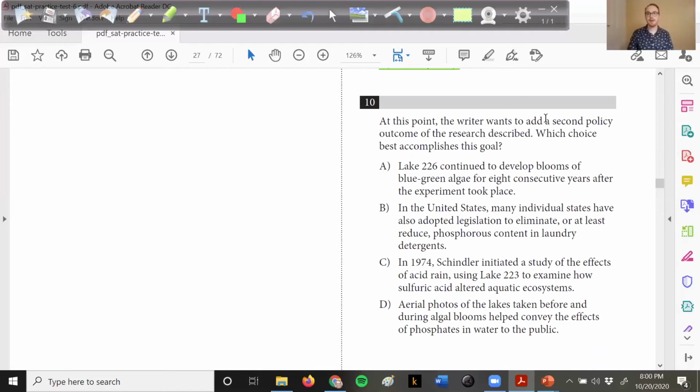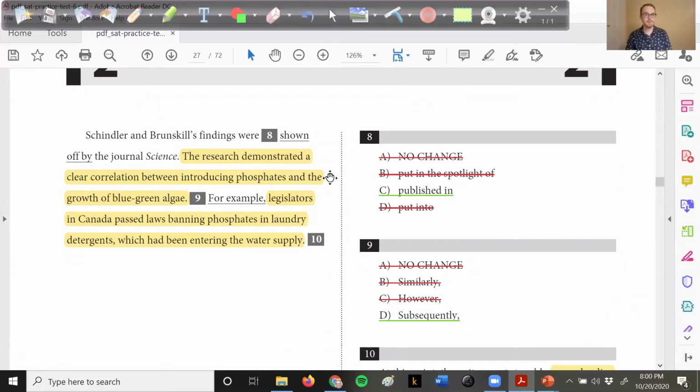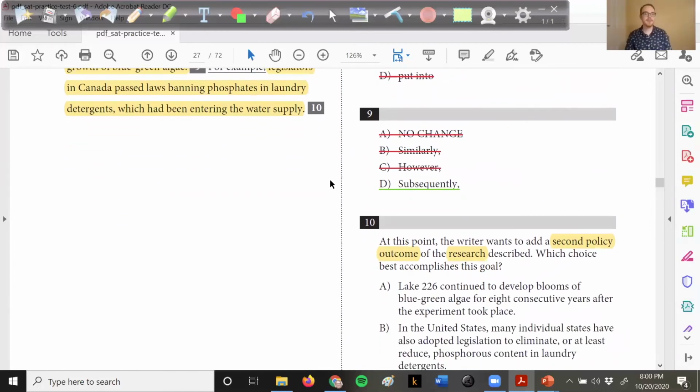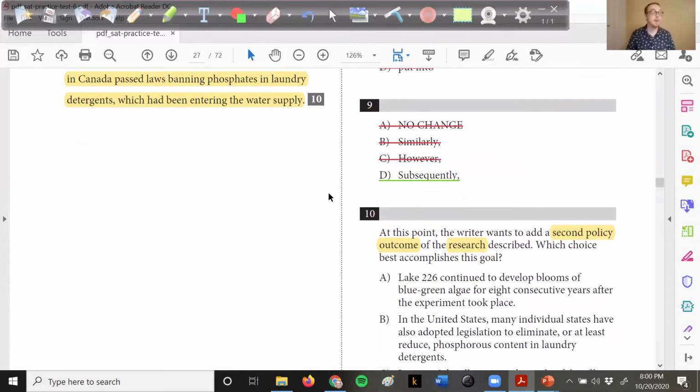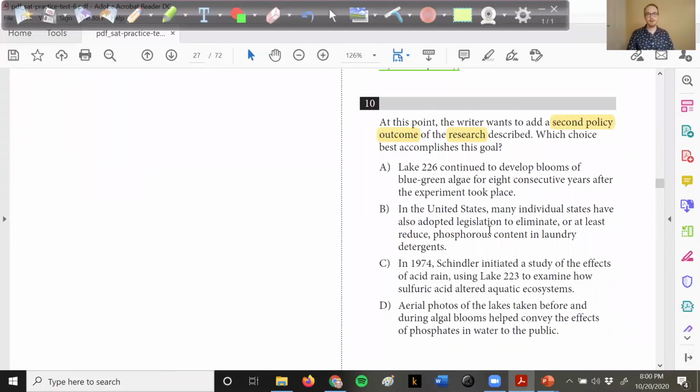We want to hear another policy outcome related to the research, meaning that what these lawmakers did with laundry soap, that's one result of the research. But the writer wants to add one more thing. This is your friend about to turn in this essay to class. They're like, I feel like it's just missing one more example. So let's find another policy outcome. Which choice best accomplishes this goal?